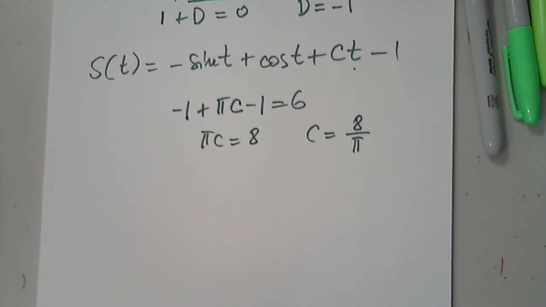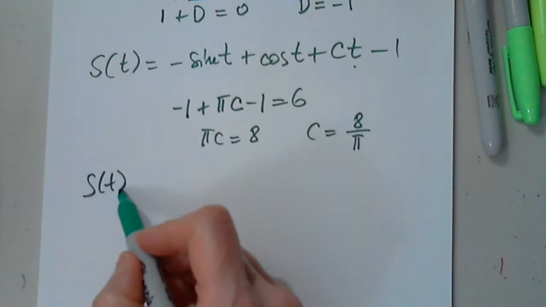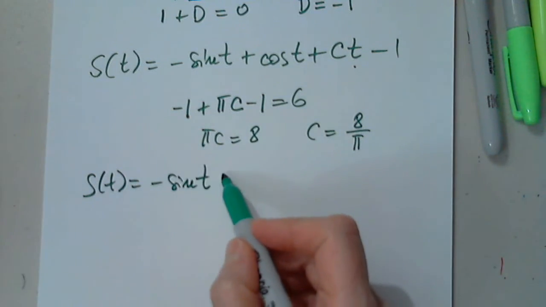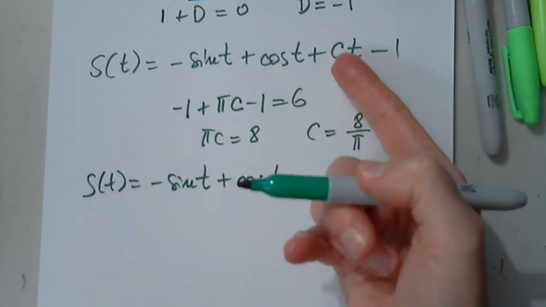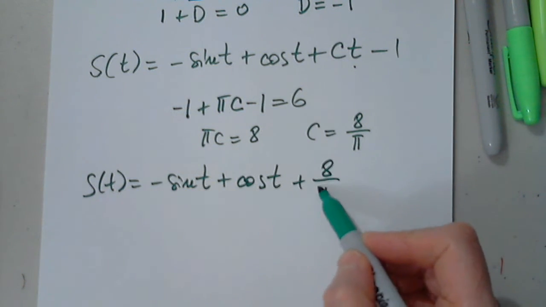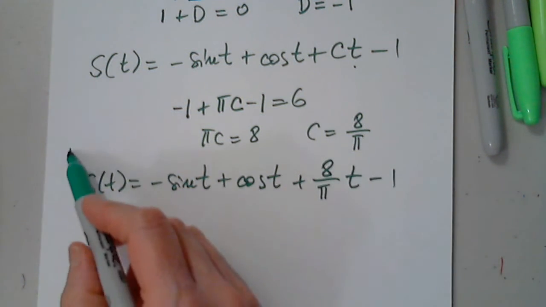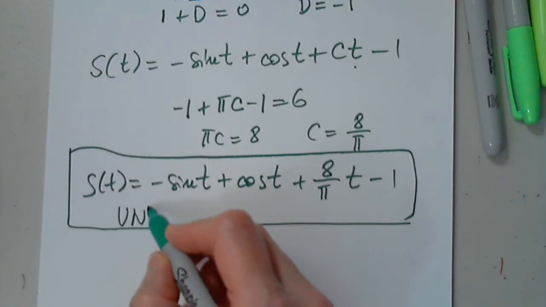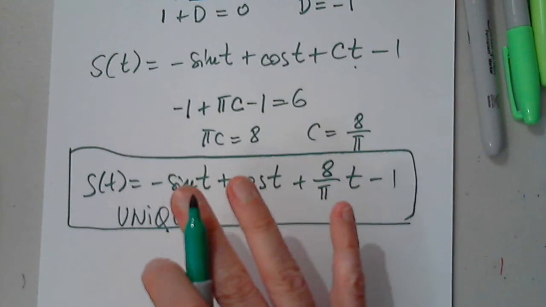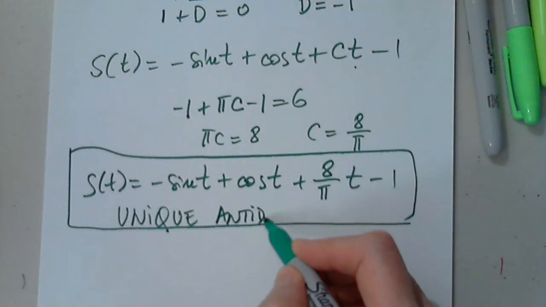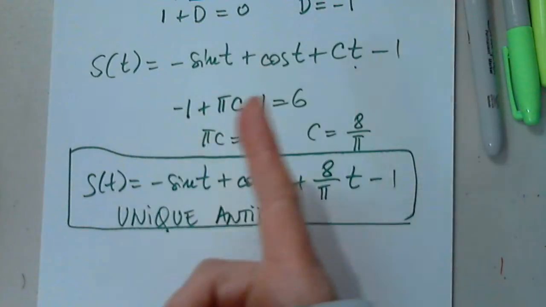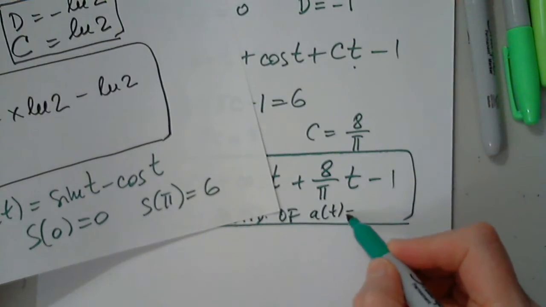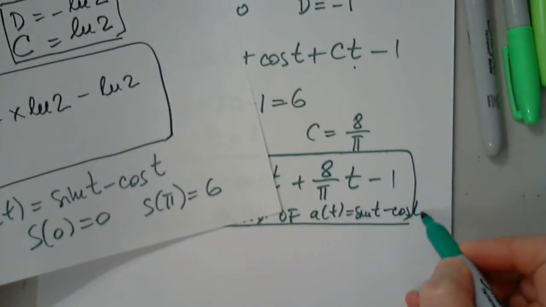So now I have both constants. So then s of t equals negative sine t plus cosine t, plus 8 over pi t minus 1. And this is the unique, only one antiderivative of a of t equals sine t minus cosine t.